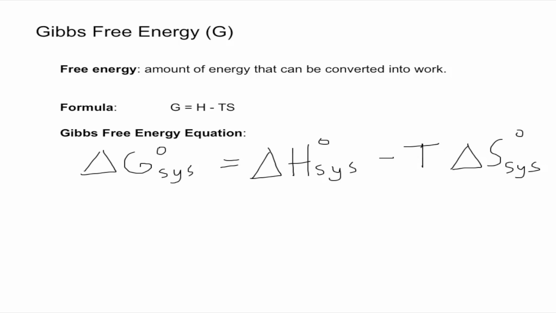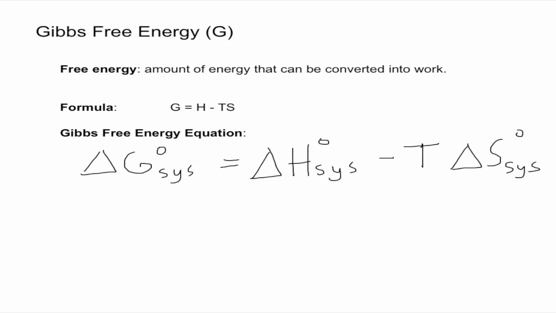The formula for Gibbs Free Energy is G, meaning Gibbs Free Energy, is equal to H minus TS. So H stands for enthalpy, T stands for temperature, and S stands for entropy. However, as occurred with enthalpy, we're usually not interested in the absolute value, but the change in enthalpy, or in this case, the change in Gibbs free energy.